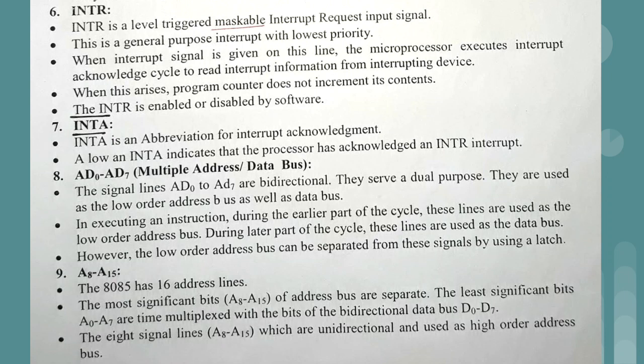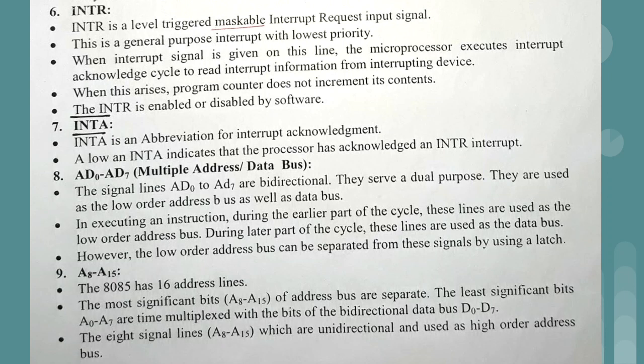So these address lines, from AD0 to AD7, are also called lower order, and the remaining bus lines, that is from AD8 to AD15, are called the high order address bus. So these are the low order, and the next one which we are going to learn is the high order address bus.